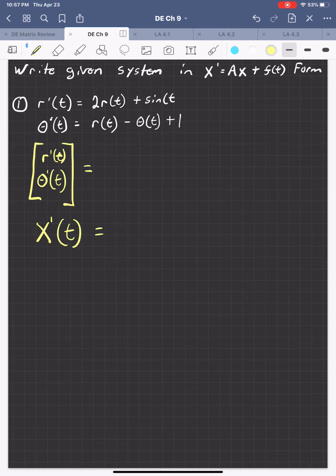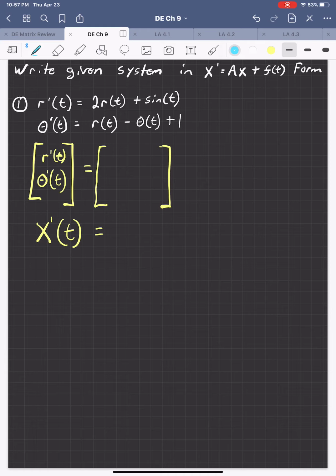All right, now the next part is we have to grab the coefficients that are attached to our variables. So let's highlight which ones are the variables that are a function of t, or a function of r of t or theta of t, and then what are the constants.